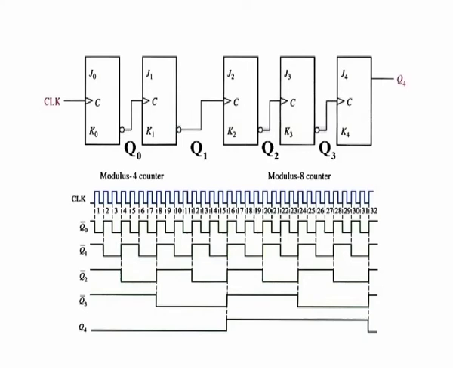Notice that the final output of the modulus 8 counter, Q4, occurs once for every 32 input clock pulses. The overall modulus of the cascaded counters is 32, that is, they act as a divide by 32 counter.